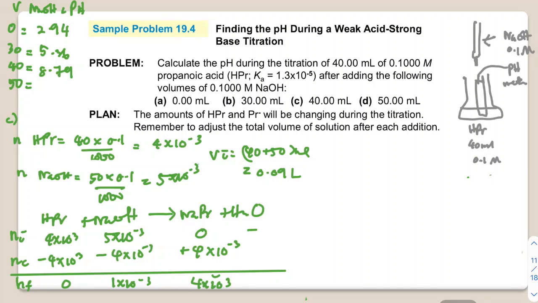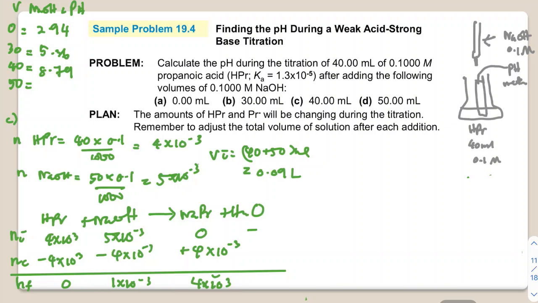Okay, so if we compare the pH of the salt and sodium hydroxide, we know that the pH in this container is majorly contributed by the strong base. Therefore, we will calculate the pH from the 1 times 10 power of negative 3 mole of sodium hydroxide that is left.